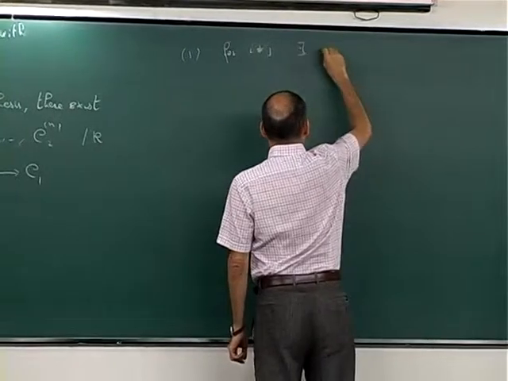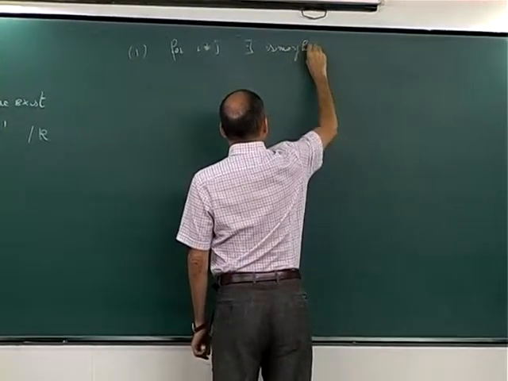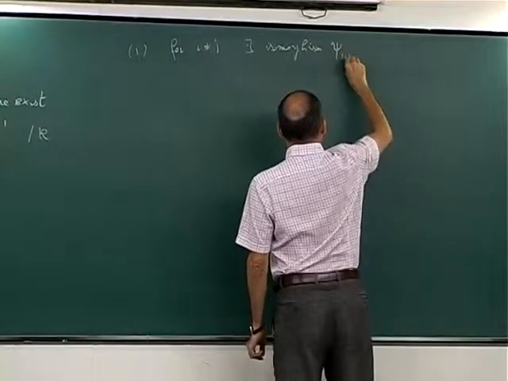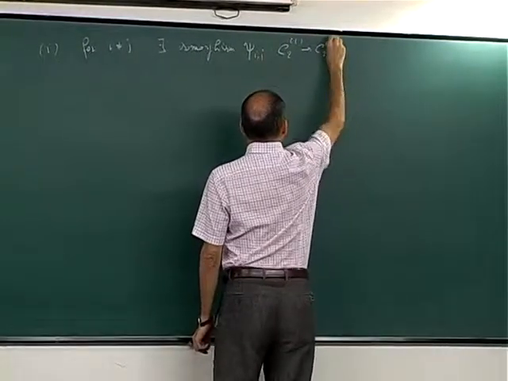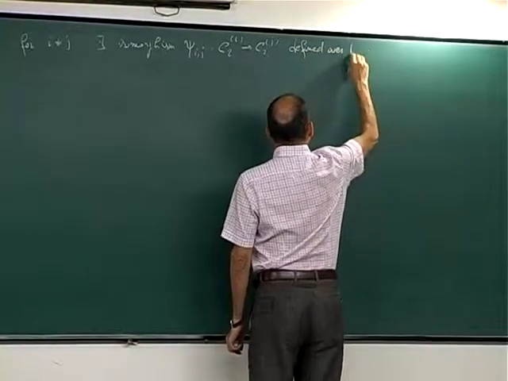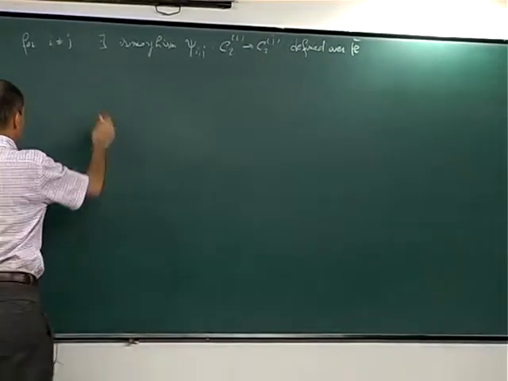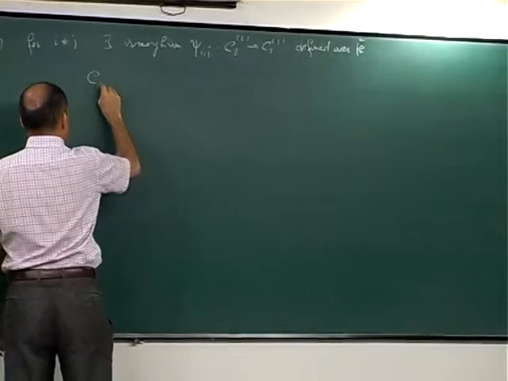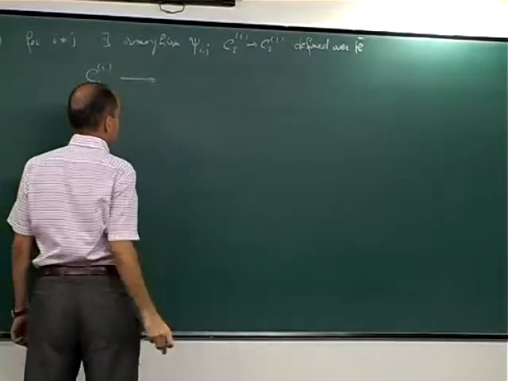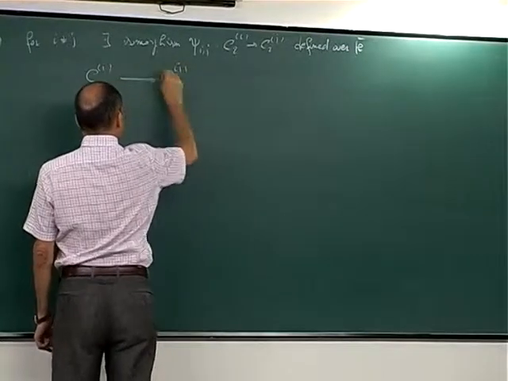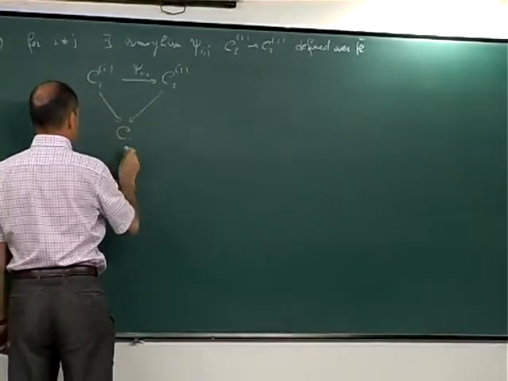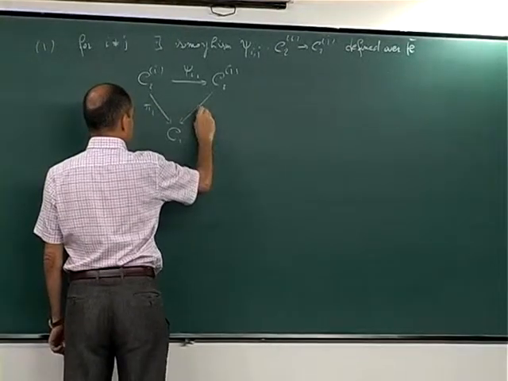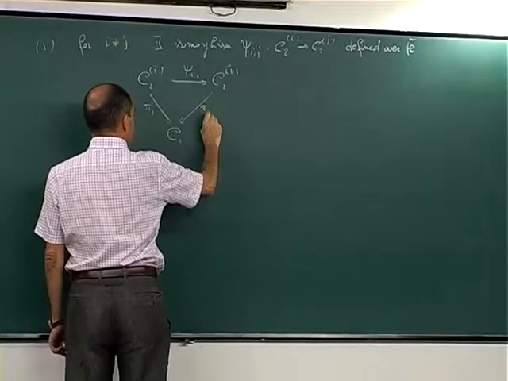there exists an isomorphism psi_ij from C2,i to C2,j defined over the algebraic closure, making the diagram commute.